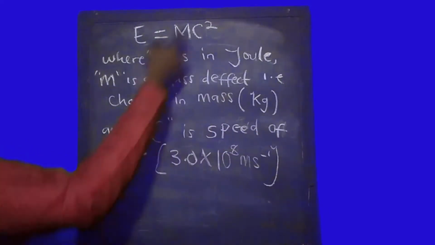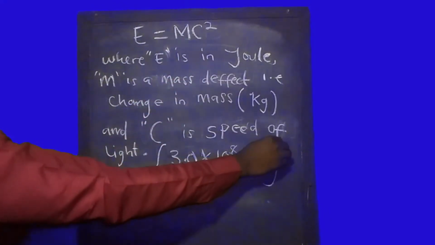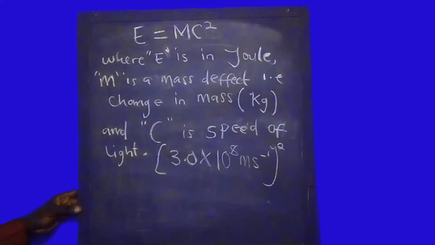As it is squared in our formula, let's put the square here. So that is the Einstein formula.